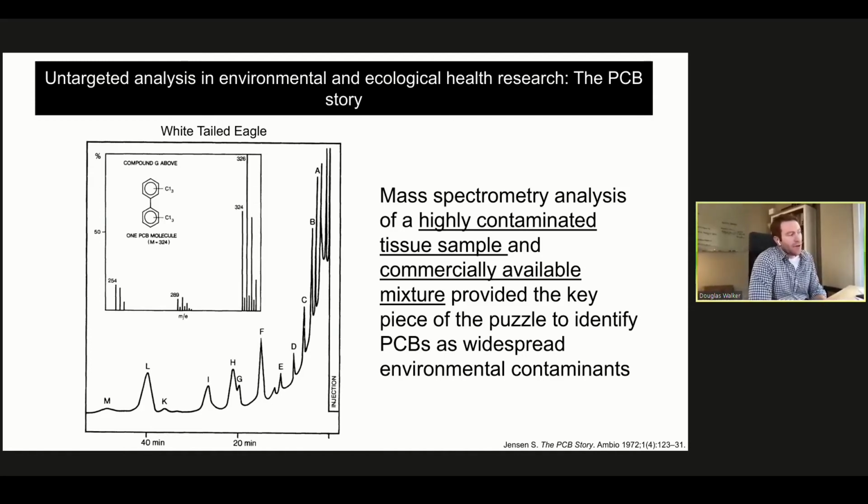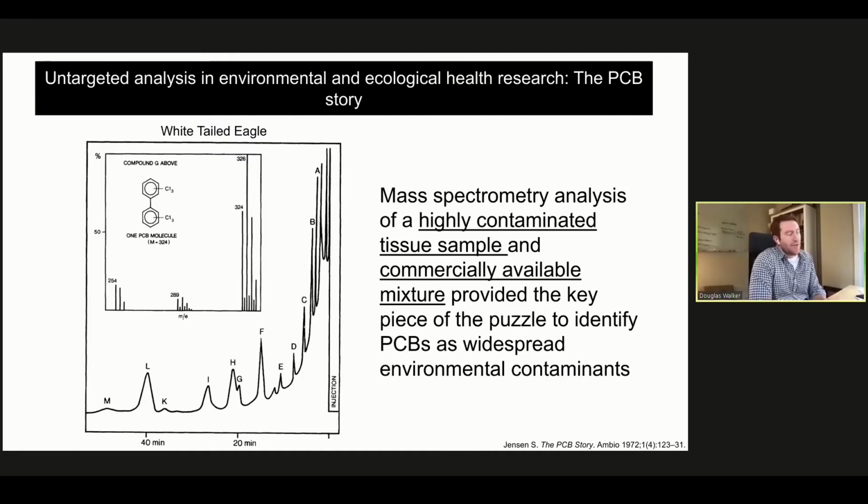And using the spectra he obtained from the mass spectrometer, he was able to identify these compounds as polychlorinated biphenyls. He purchased a commercial mixture of these compounds and ran it on the same instrument, was able to match retention times and spectra, and conclusively prove that those peaks did in fact correspond to PCBs.